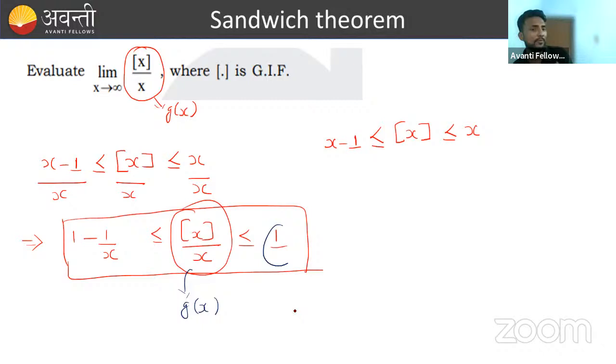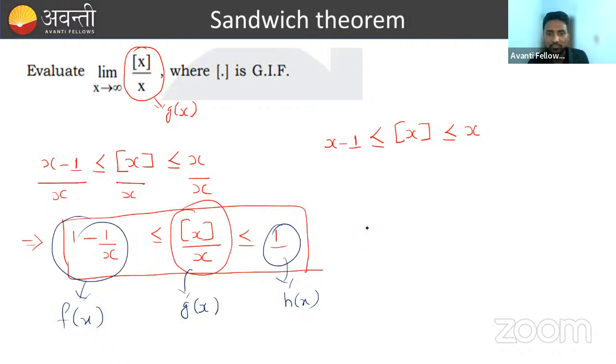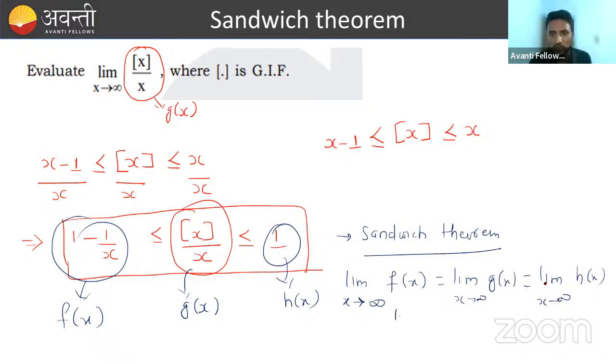So use the sandwich theorem here. We know that if a sandwich is formed, then the limit as x tends to infinity of f(x) will equal the limit as x tends to infinity of g(x), which equals the limit as x tends to infinity of h(x). Now it is 1 minus 1 by x, so 1 minus 1 by infinity is 0, so it is 1 only.